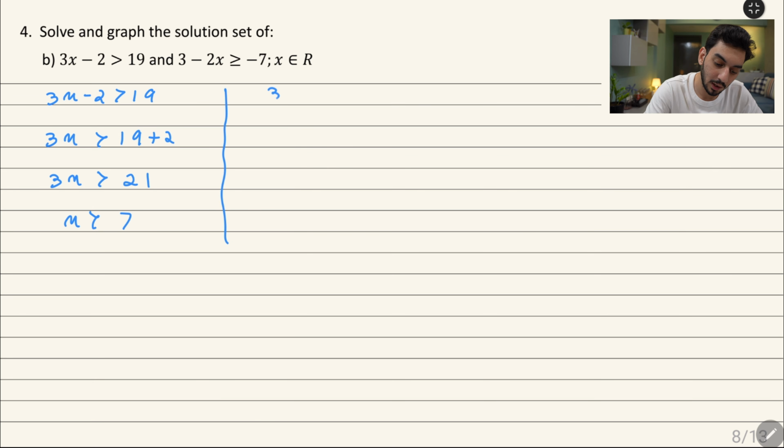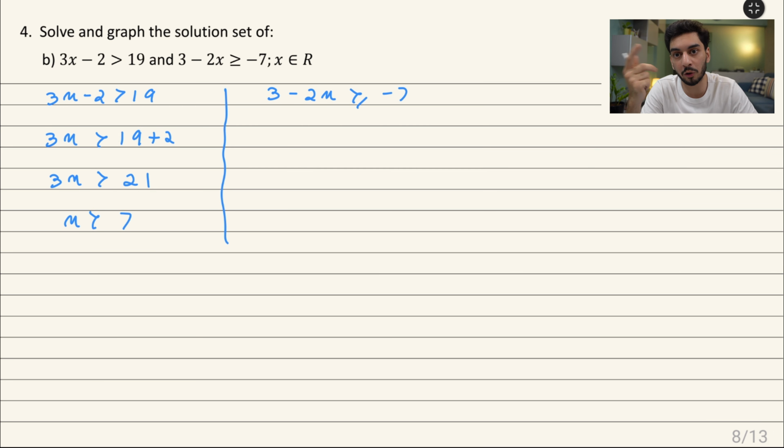Okay, the next one. 3 minus 2x is greater than or equal to negative 7. In this question, I'll show you how to switch the places and still not be bothered about the sign. So here I can see that the x term is negative. So I just send it to the other side so that it changes its sign automatically. Okay, does not bother me.